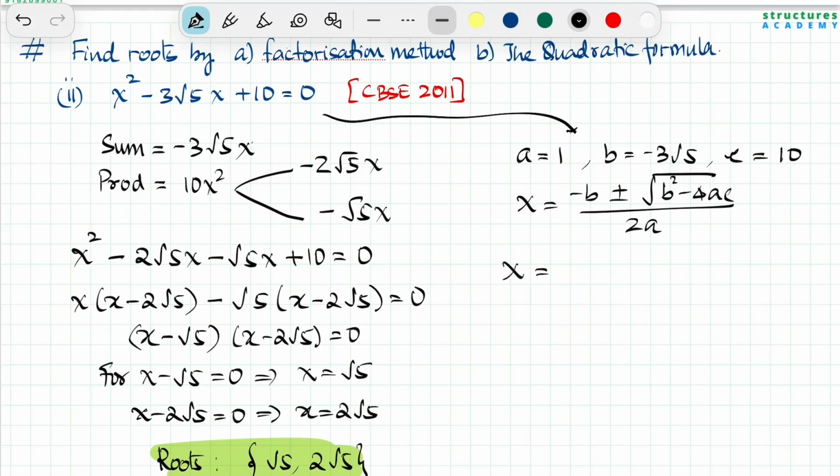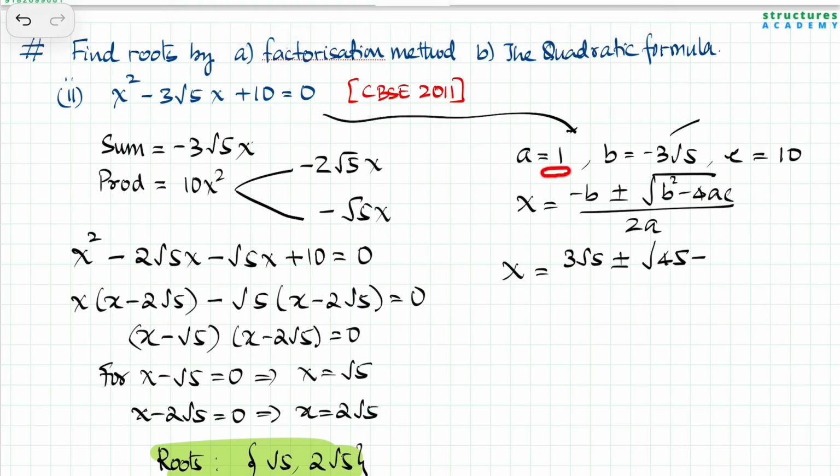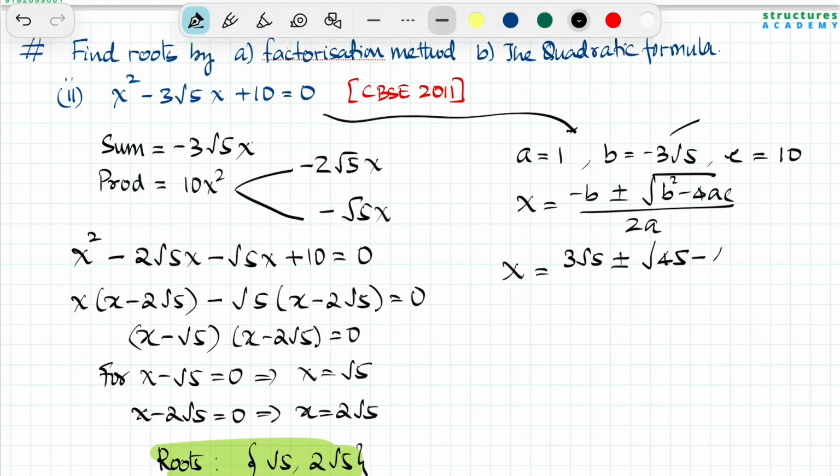So x becomes equal to minus into minus 3 root 5 plus or minus under root. When you square this term, you will get 9 5s are 45. And when you do minus 4ac, 4 into 1 is 4 and times 10 is 40. So you get minus 40 here. All of this divided by 2a, that is twice.